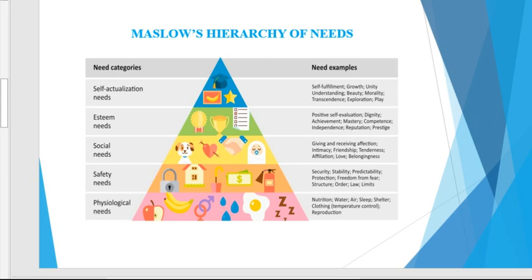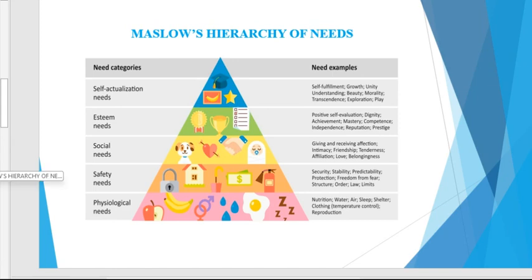And when we talk about physiological needs, we are talking about nutrition, food, water, air, sleep, shelter, clothing. If somebody is not breathing, are you going to talk about intimacy, love to somebody who is struggling to breathe? I hope not. So we want to make sure at least the person is breathing, has food to eat before we can talk of something else.